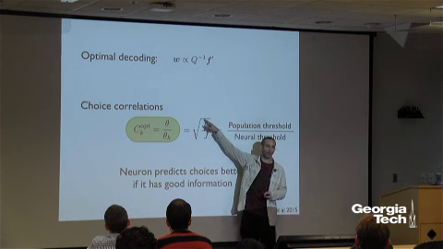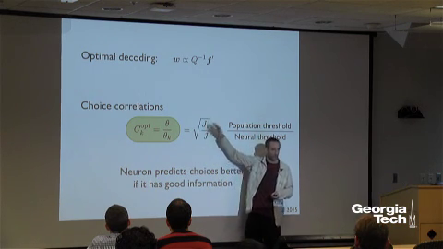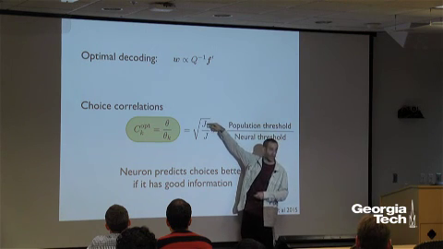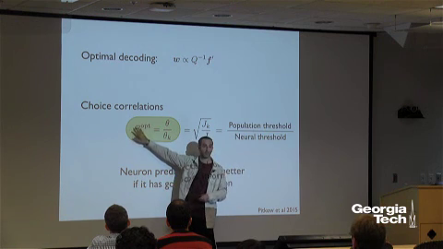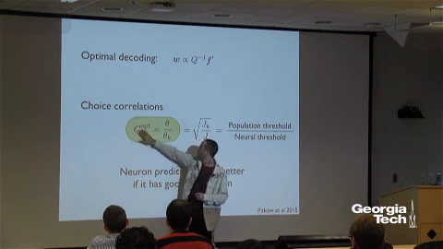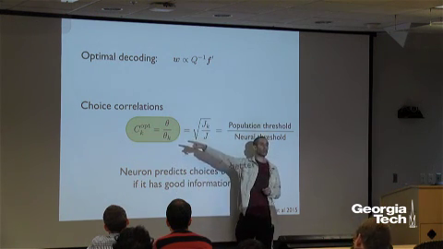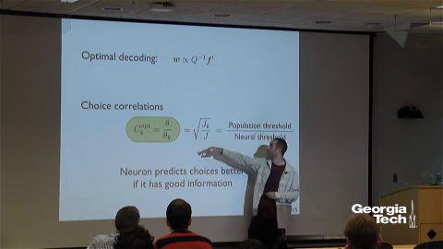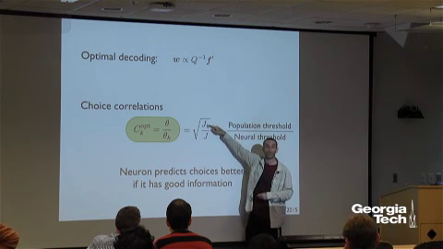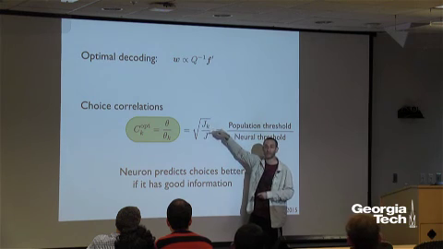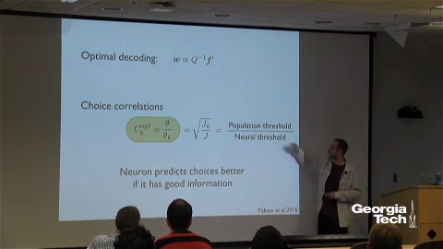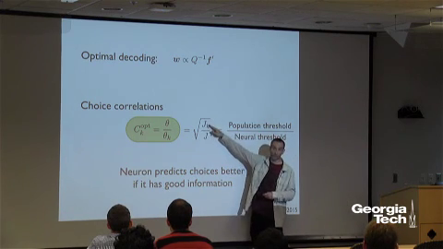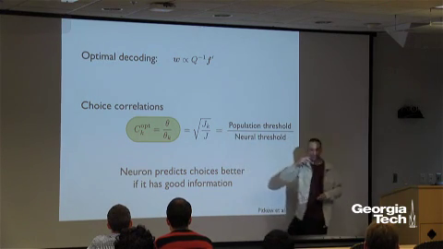This is D prime. Square root of Fisher information is proportional to D prime. J is the Fisher information. So if you're optimal, if you're doing optimal readout, and this is critical, then the choice correlation that you would measure in an experiment is the fraction of information that that neuron has compared to the animal. Okay? Population threshold divided by neural threshold, or neural information divided by population information.